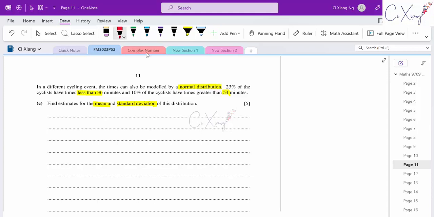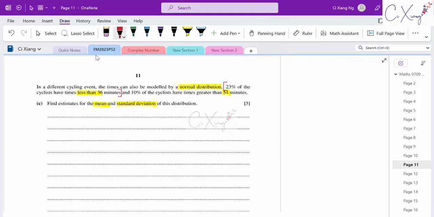Right, so for this question, we still know that it belongs to normal distribution. The keyword is here, but I actually don't know the population mean and also the variance. But using the information given here, we can try to find out the mean and standard deviation. So first, this one, the first information: 23% of the cyclists have time less than 36 minutes.